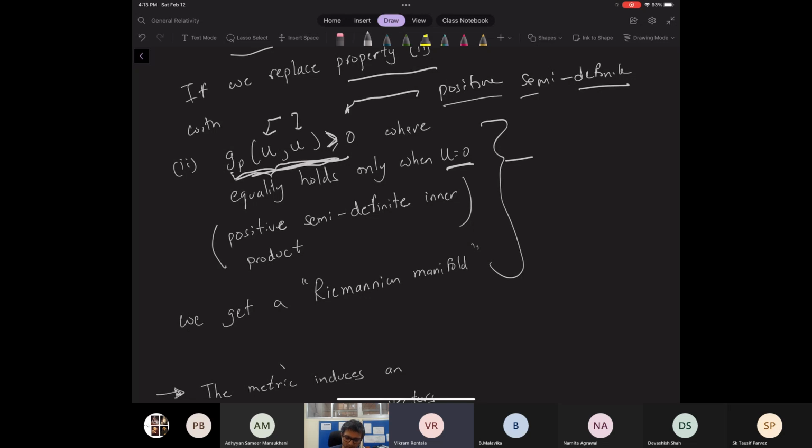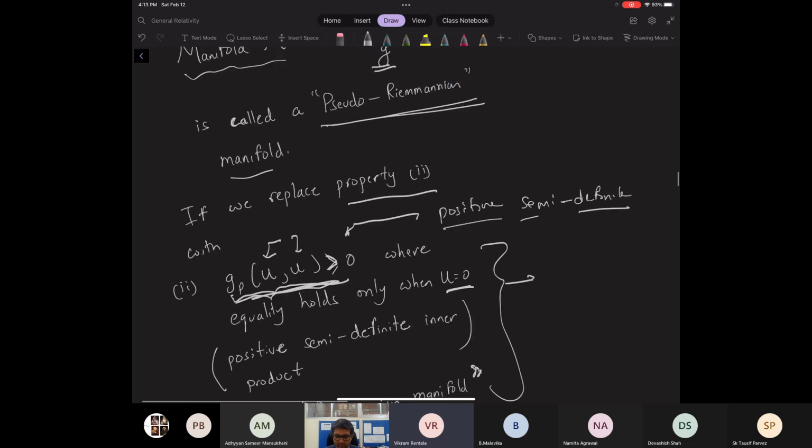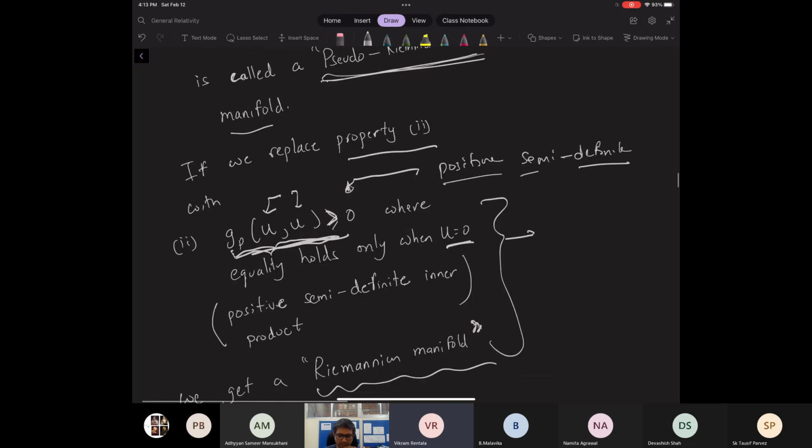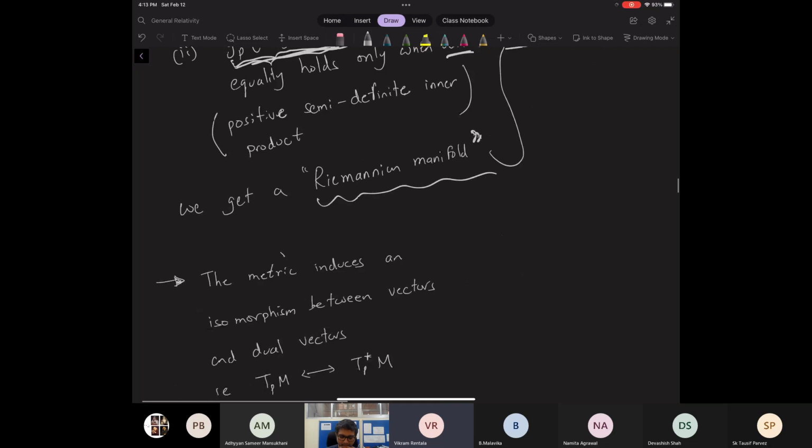If you impose this rule, then you get another type of manifold called a Riemannian manifold. Riemannian manifolds are a subclass of pseudo-Riemannian manifolds, which are more general.